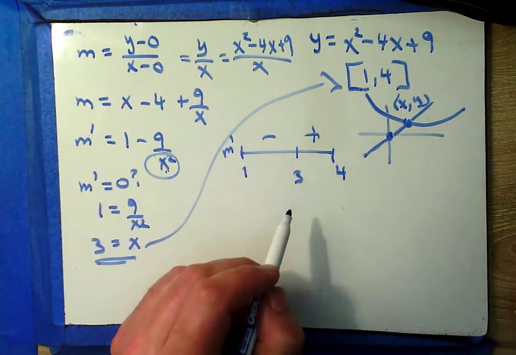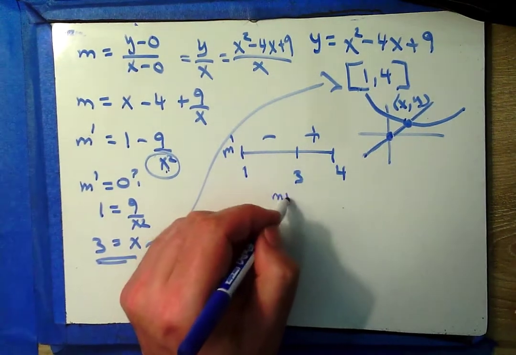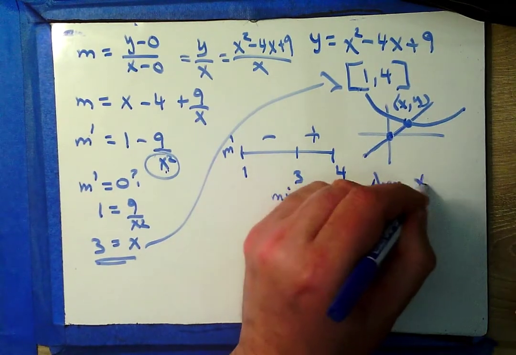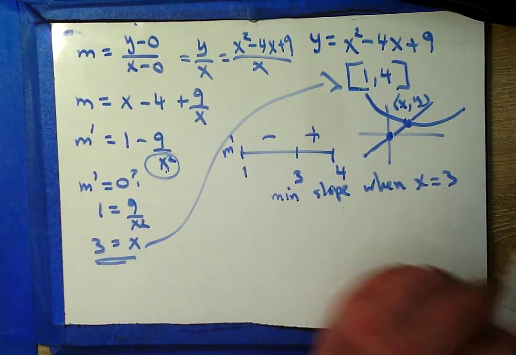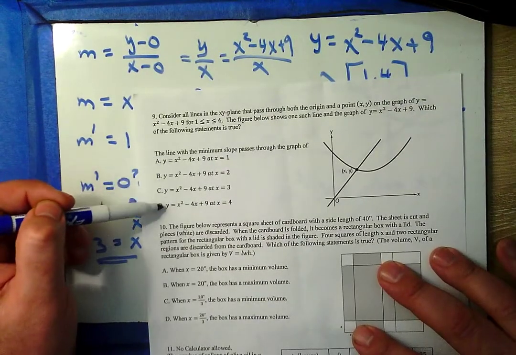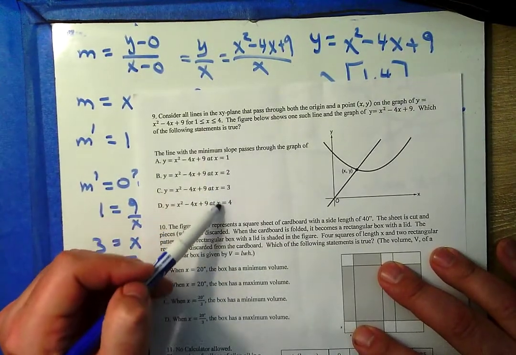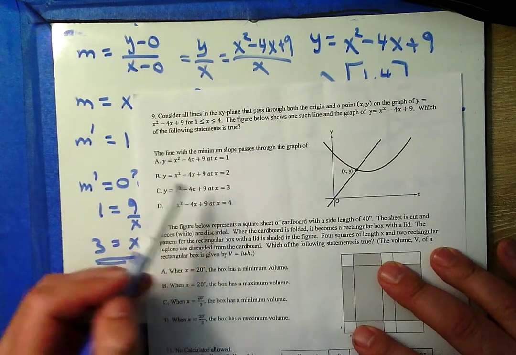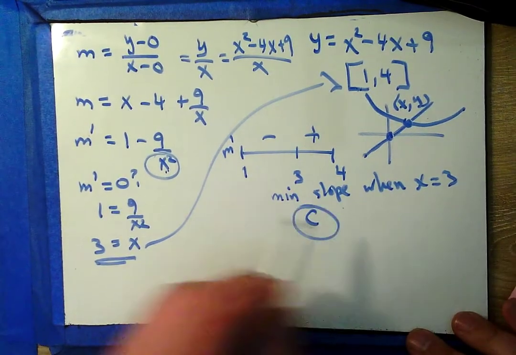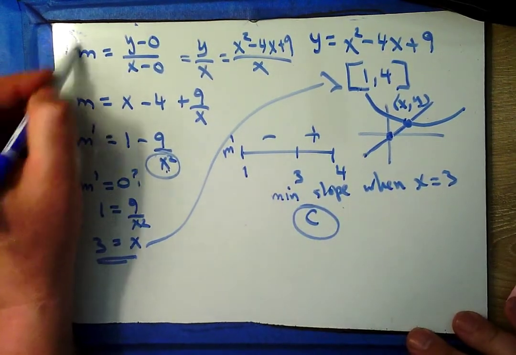So I can see that I have the minimum slope when x equals 3. And look at our choices. All of these y's are the same, and all that's different are the different x values, and we want choice C at x equals 3. Okay, choice C for number 9.